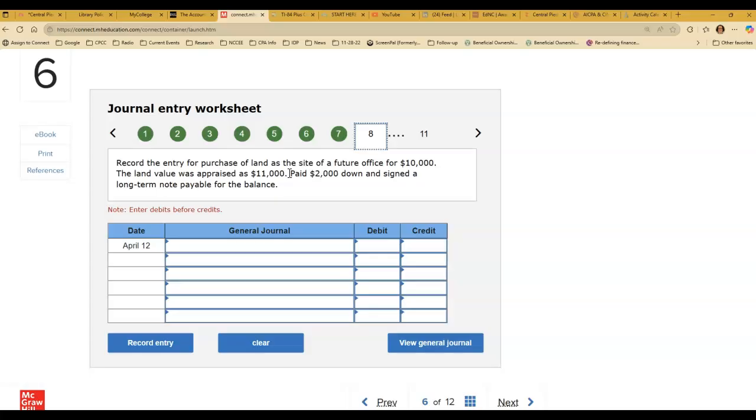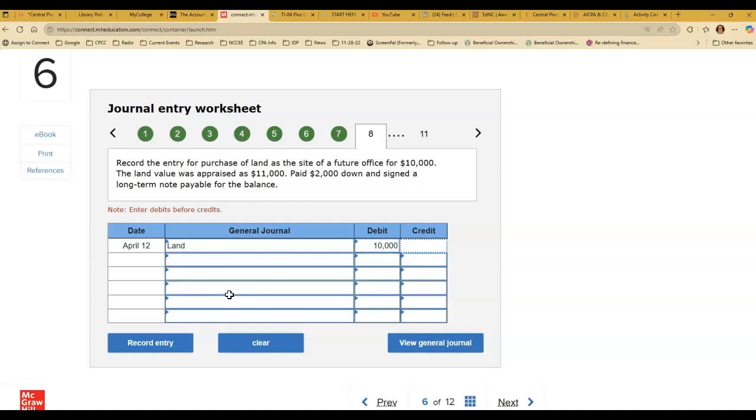Now, when you're working your way through the purchase of an asset like this, because I think this is the first time we've seen a 3-line journal entry, start with what you bought. What did we buy? Land. So let's start over here on the debit side and put in land. How much did we buy it for? $10,000. Now, how did we buy it?